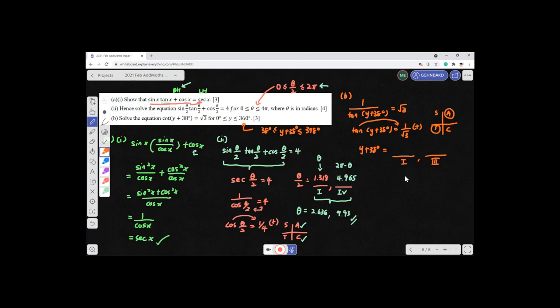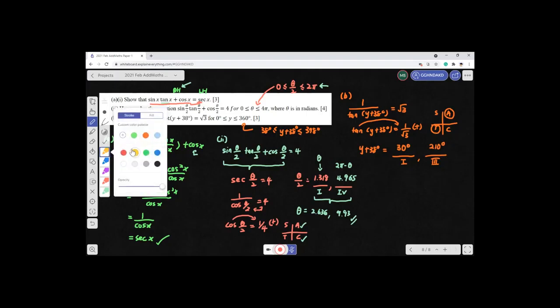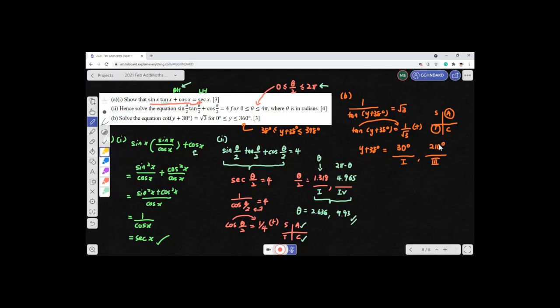So you shift tan your answer. The first one is 30°, and then another one is 210°. But now, if you find the answer, I want to see if anyone can answer: can we accept these two answers?